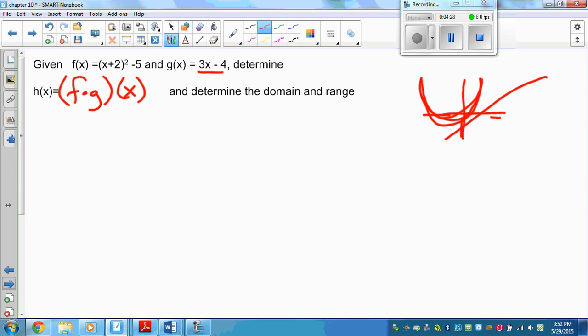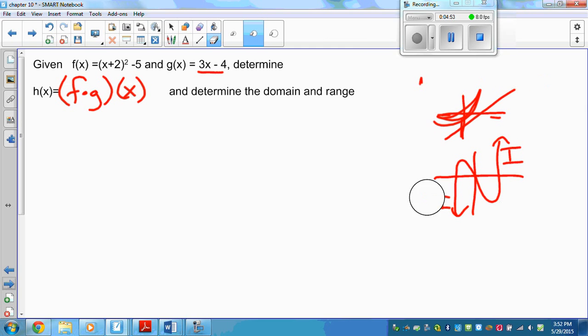So when I'm all done, I'm going to have some sort of cubic graph. It's going to be a positive cubic graph because both of my leading coefficients are positive. So a positive cubic graph starts in quadrant 3 and ends in quadrant 1. It's going to look something like that when I'm all done. That's my prediction.